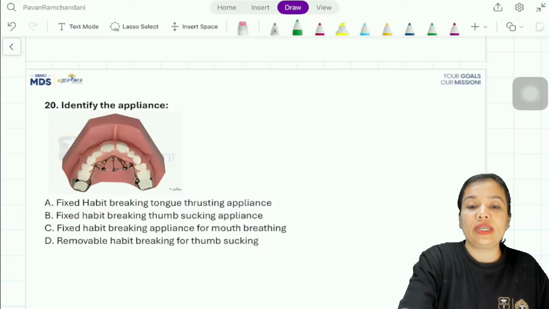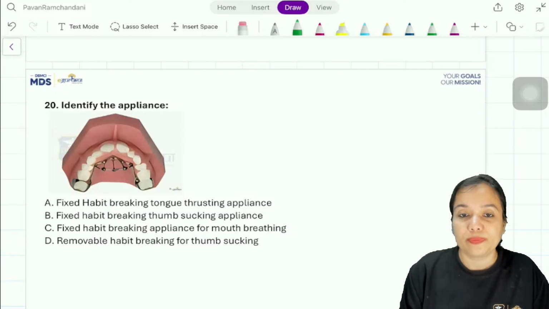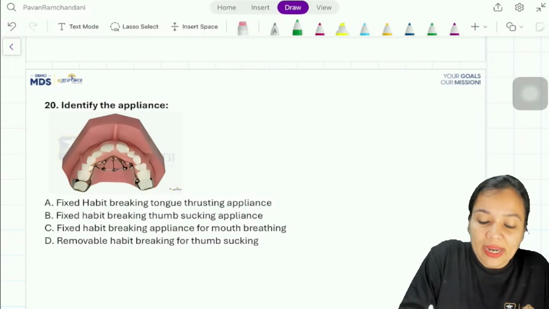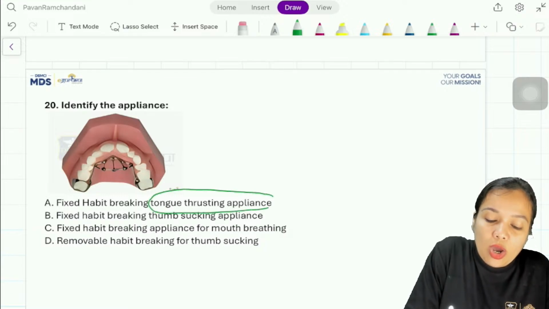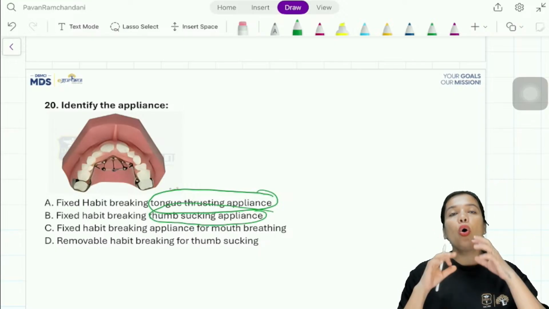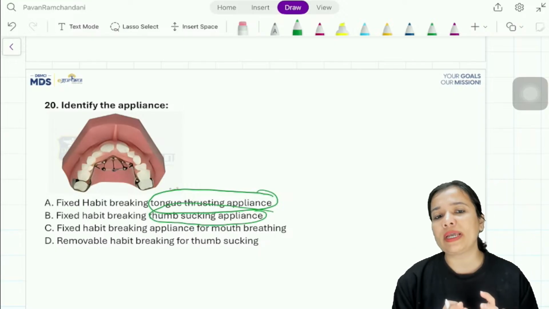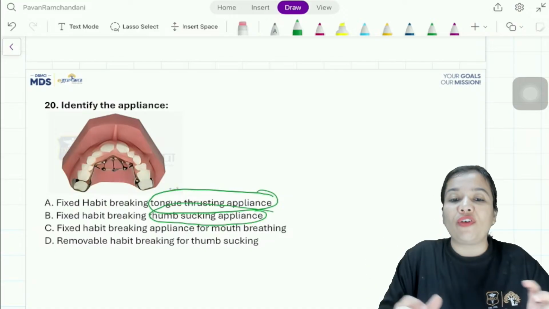The next question is identify this particular appliance. So you all will get confused whether this is for tongue thrusting or this is for thumb sucking. Most of the appliances that are used for tongue thrusting are actually also used for thumb sucking.